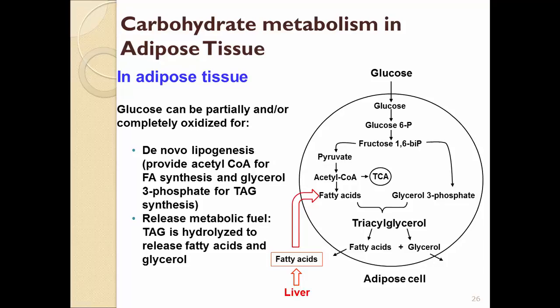So you have a lot of fatty acids being transported from the small intestine, initially from the diet, or from the liver that converted them from glucose, to the adipose tissue, to provide fatty acids for triglyceride synthesis. And the glycerol backbone is normally glycerol 3-phosphate, the active molecule that can interact with the three fatty acids to form triglyceride.